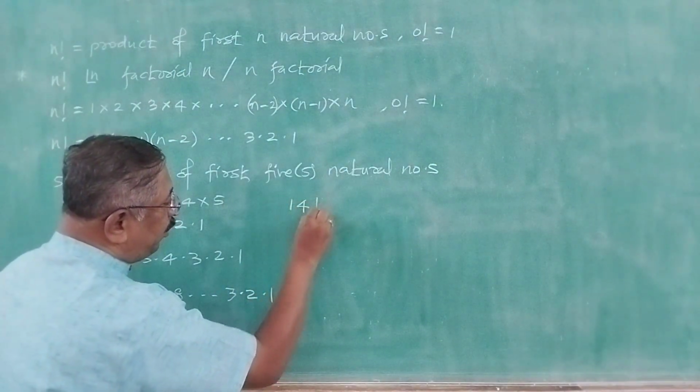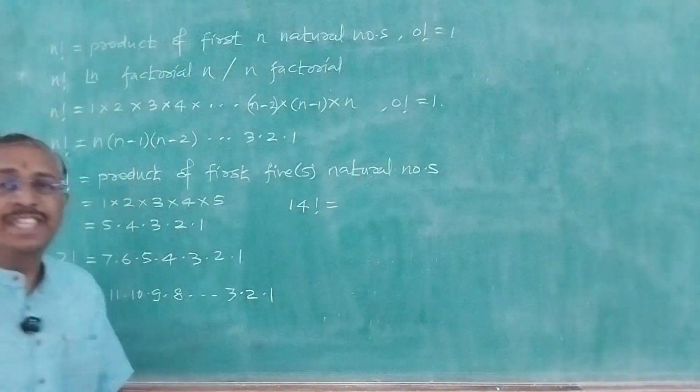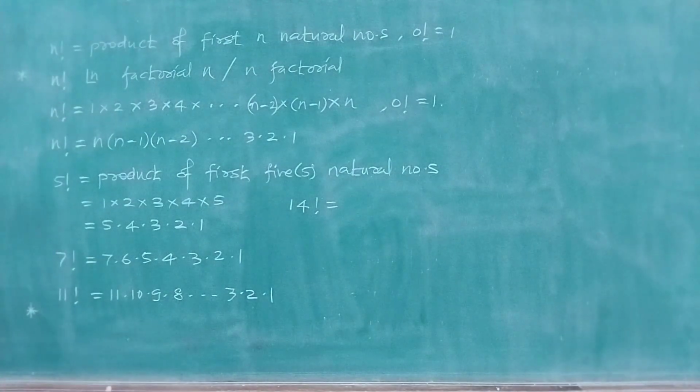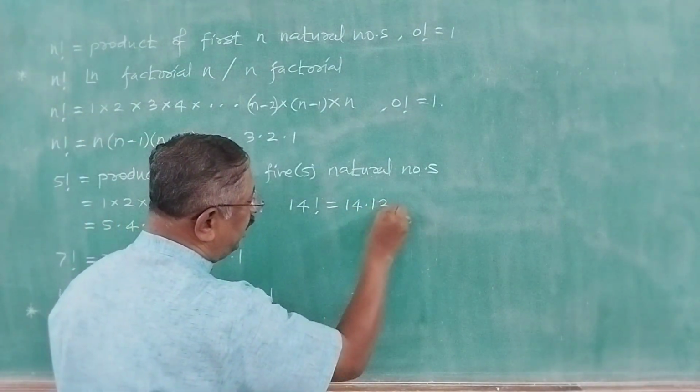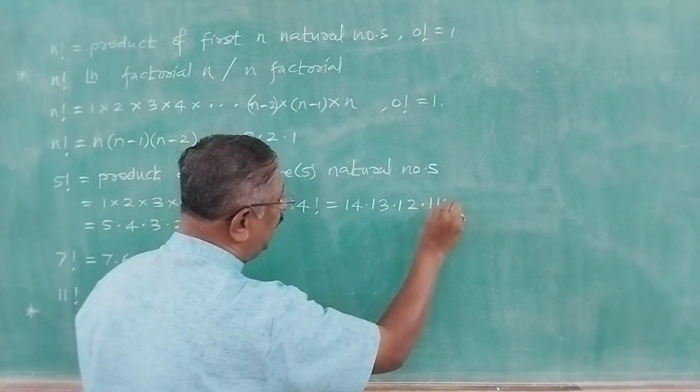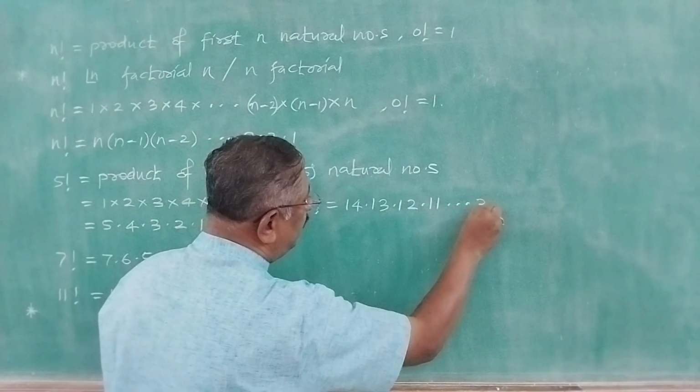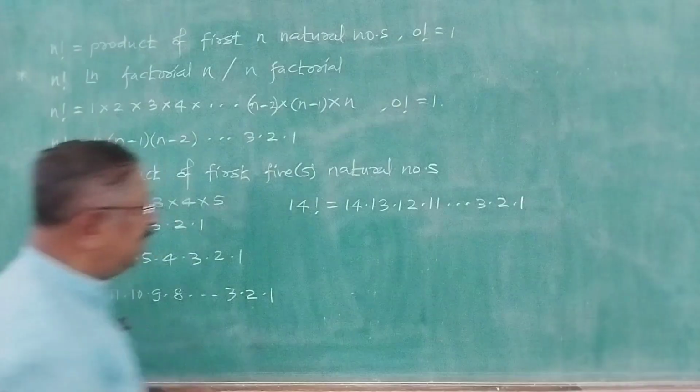What will 14 factorial be? It is the product of the first 14 natural numbers, 14 multiplied by 13 multiplied by 12 multiplied by 11 and so on up to 3 into 2 into 1.